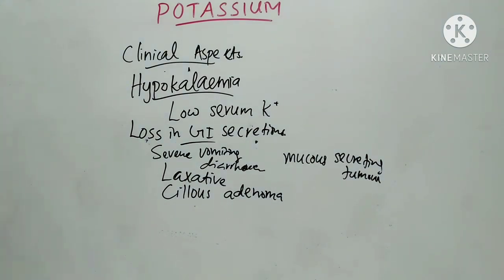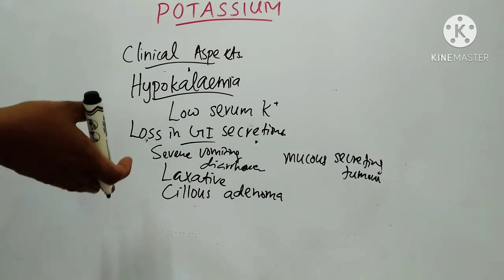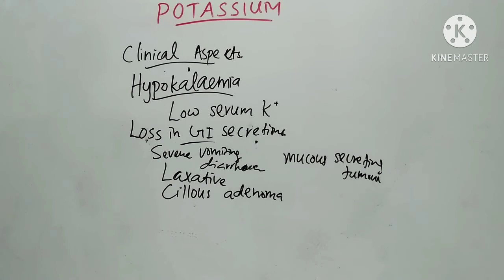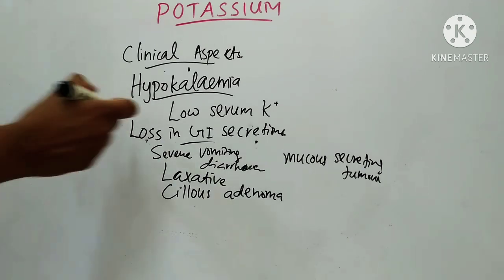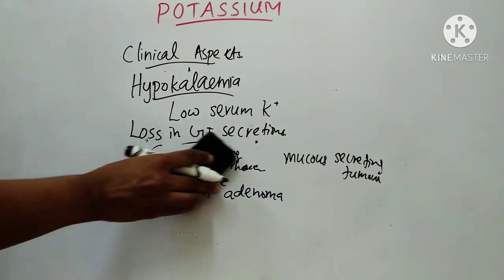This secretes large amounts of potassium into the lumen of the colon, so this also causes hypokalemia. That is the first cause, loss in GI secretions.